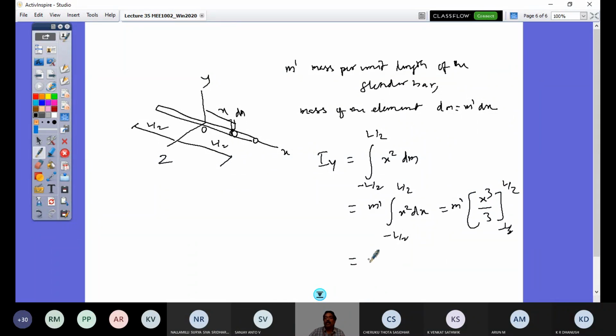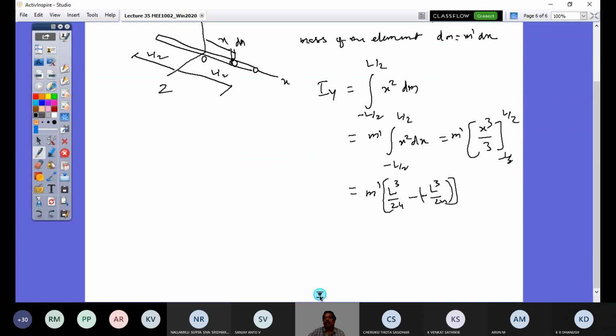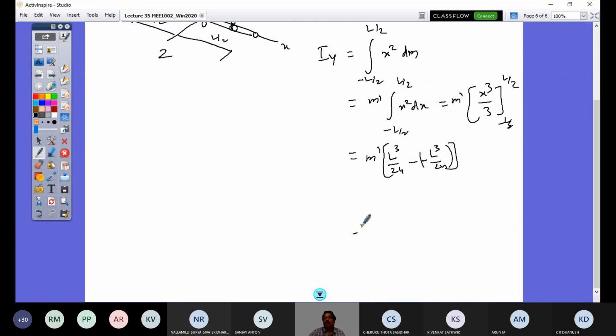Substituting that here, m dash into L cube by 24 minus of minus L cube by 24. So that's going to be m dash into L cube by 12.